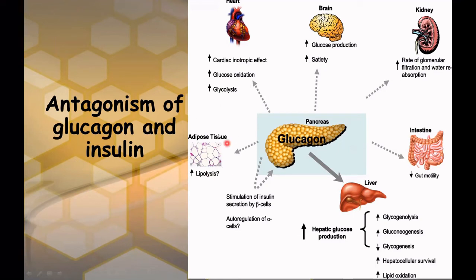The adipose tissue has an increase in lipolysis. And probably there is the function of glucagon in stimulating insulin secretion by the beta cells, and autoregulation of the pancreas is also completed by glucagon.